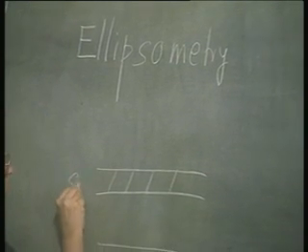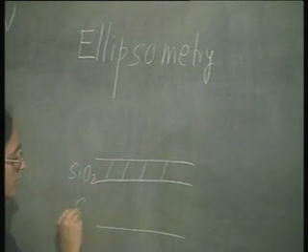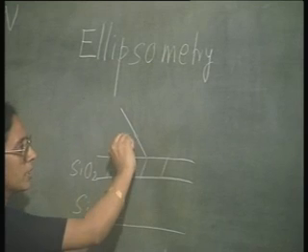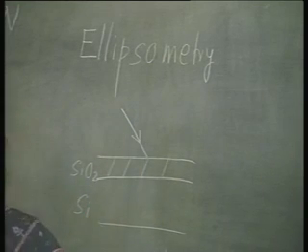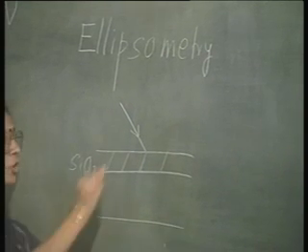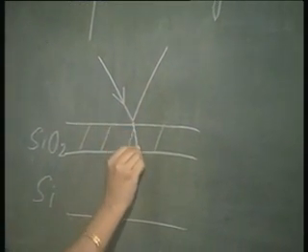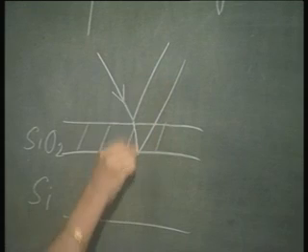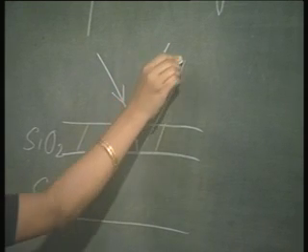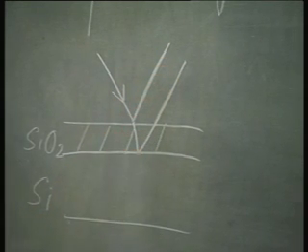This is silicon dioxide, this is silicon, and a monochromatic plane polarized light is incident on the surface. So, there will be a reflection from this surface and also there will be a reflection from this surface. There will be a phase shift as well as a change in the polarization.